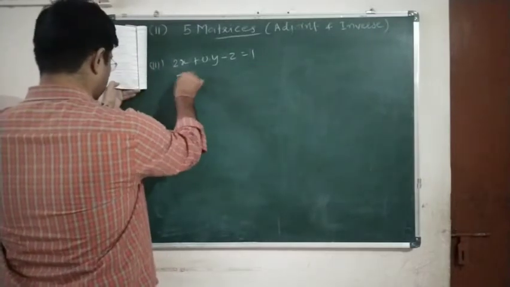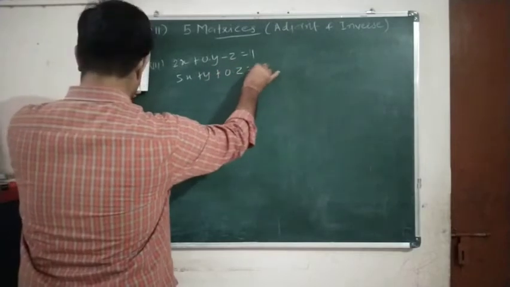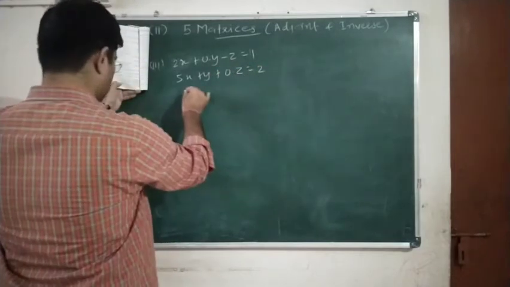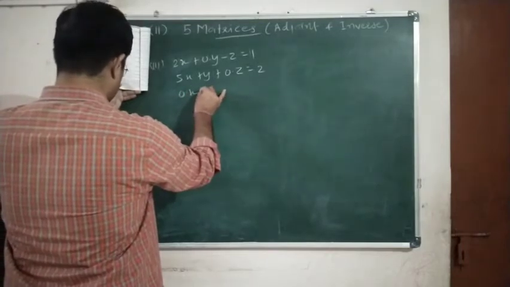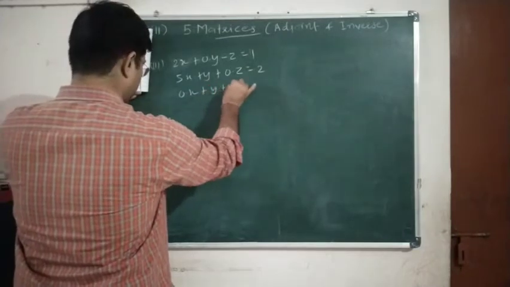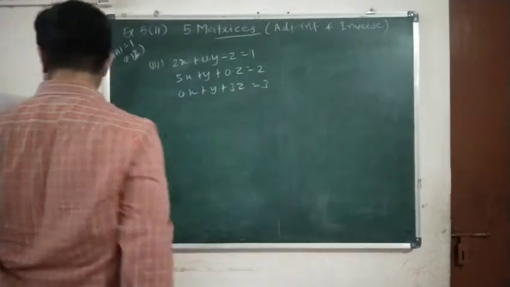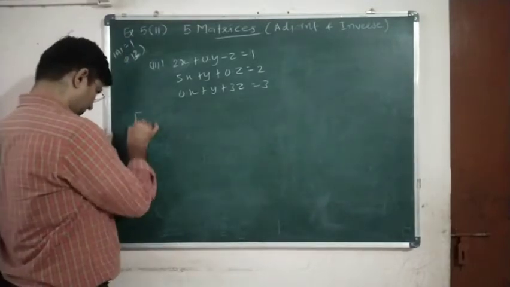Again in the second term 5x plus y is there, but z is not there, so 0 into z is equal to 2. And in the third, x is not involved, so 0 into x plus y plus 3z is equal to 3. Let us write down as a matrix equation.